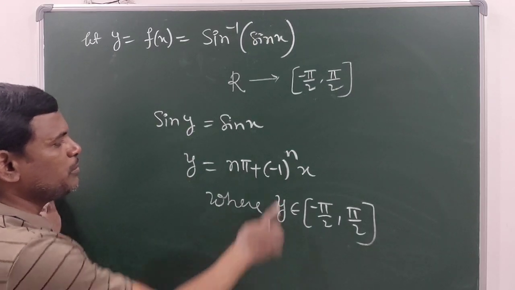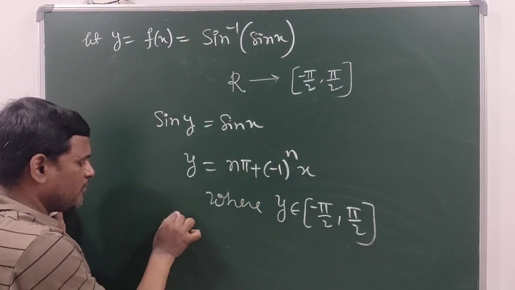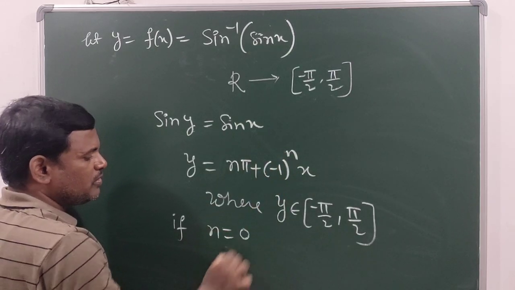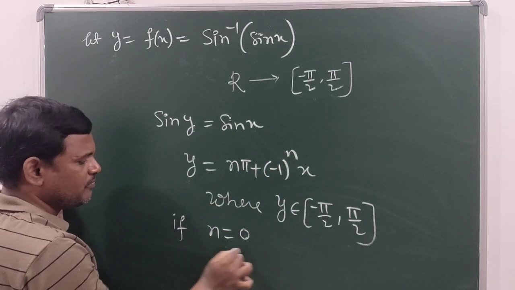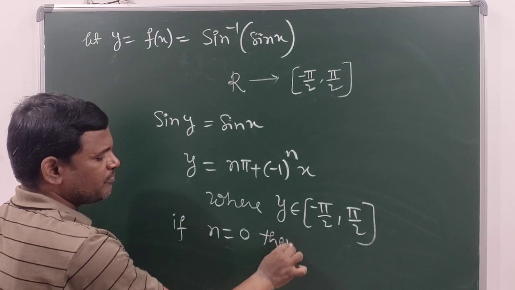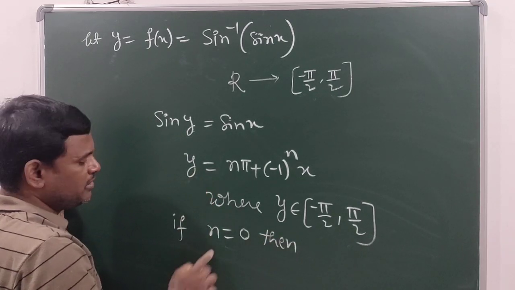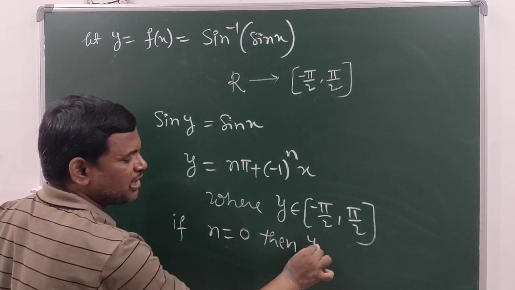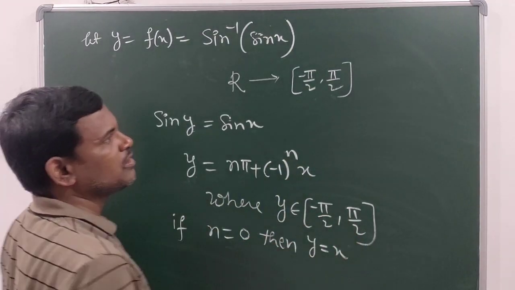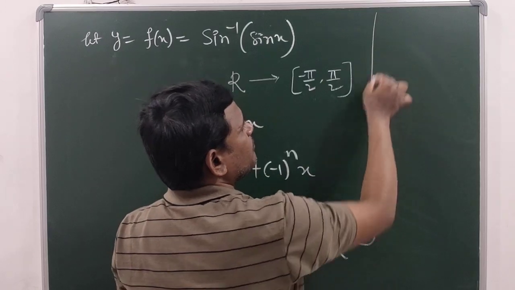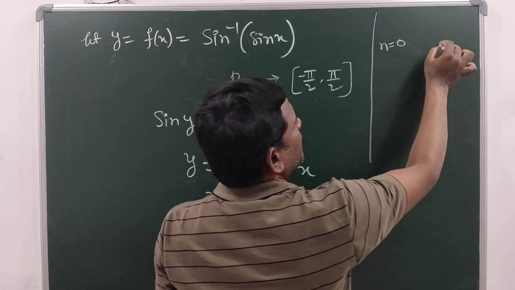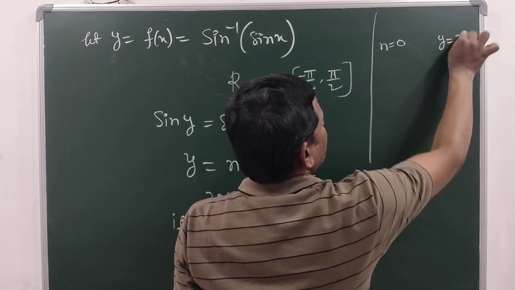Okay, so suppose n is equal to 0, then what do you get for y? Tell me, what do you get for y? If you put n equal to 0, y equal to x you will get. Okay, now write here: if n is equal to 0, the respective y value is x.